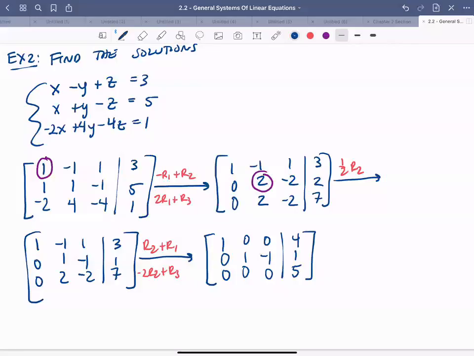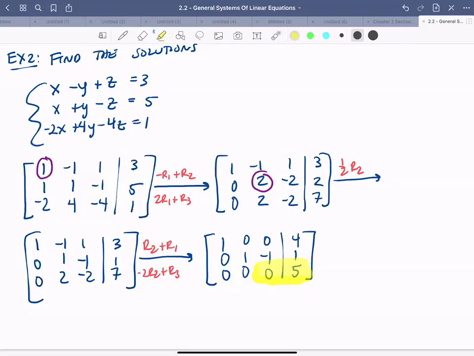You run into a problem, and you might say, yeah, because I had nothing at the bottom of my Z column to solve for. And you're right. You run into this problem right here. If I had to write this as an equation, this says 0 equals 5.